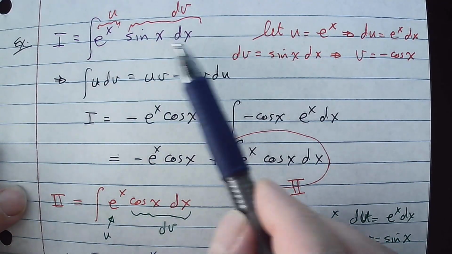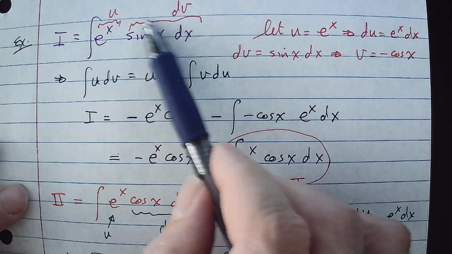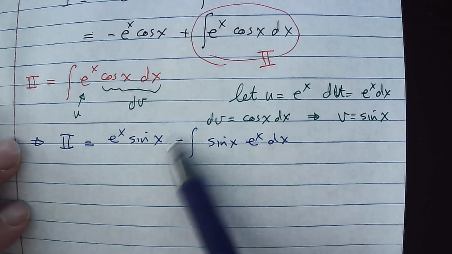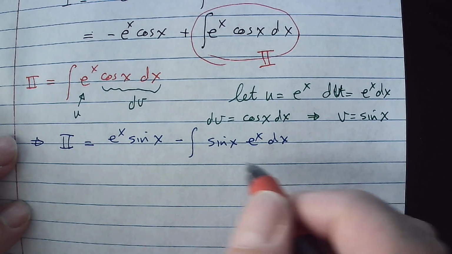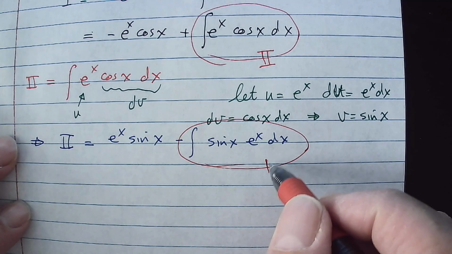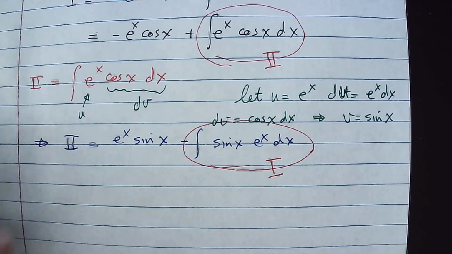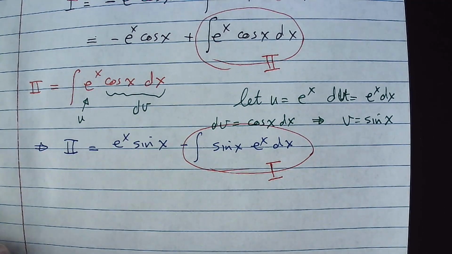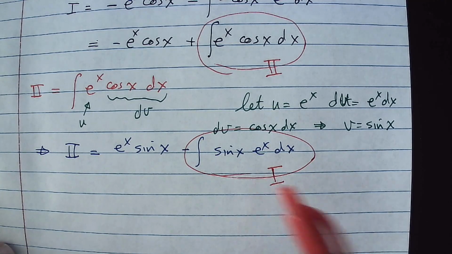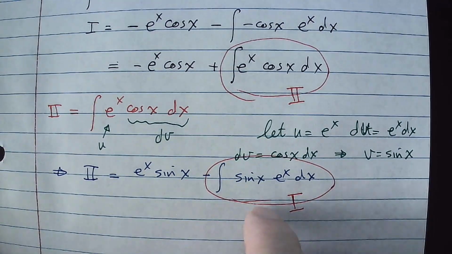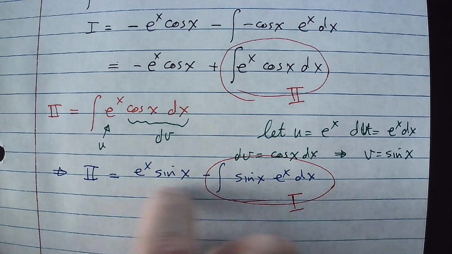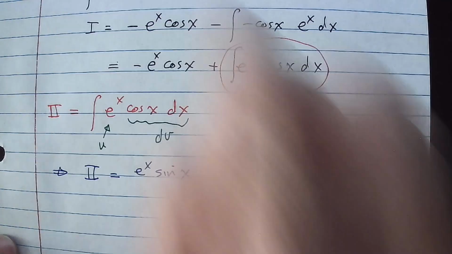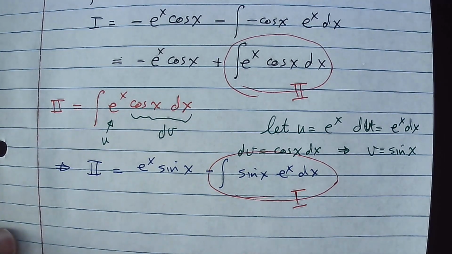So this integral is reproduced here, and I can say that this is actually the integral number 1. If this is the integral number 1 now, I can take this, put it back in 2, and find the following.